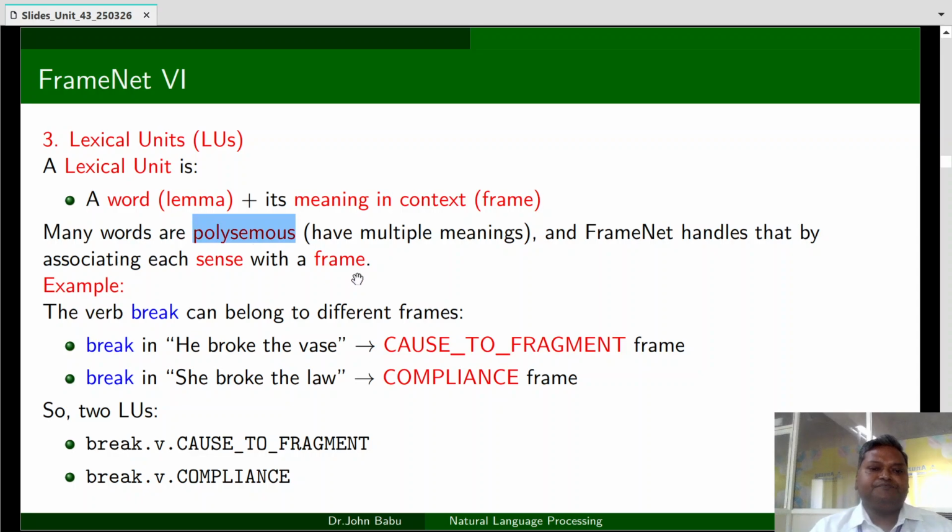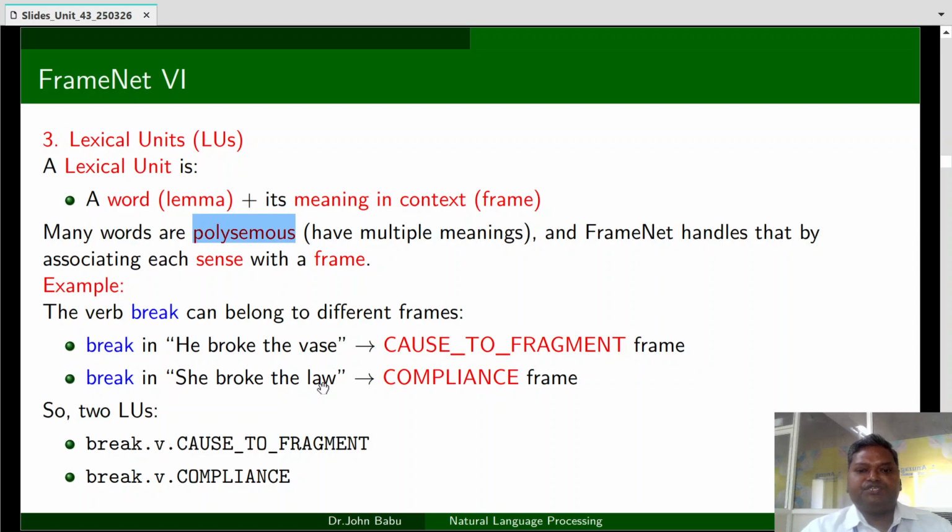For example, let us take break. Break will have different meanings in different contexts. Suppose the sentence, he broke the vase. Then break means causing it to fragments. Then, she broke the law. Then it is talking about the compliance frame. So break in the first sentence will evoke the cause to fragment frame.